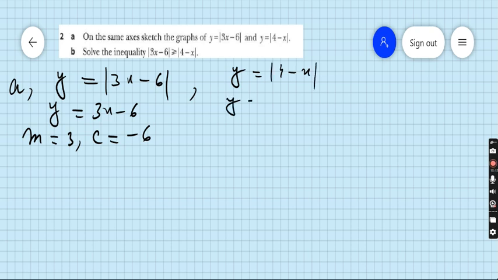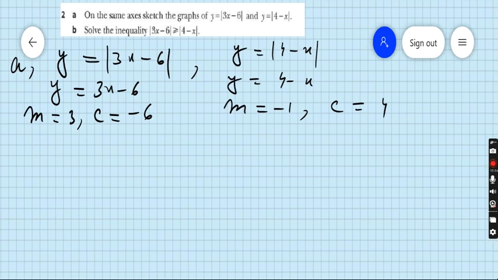Consider this as an equation. Here the slope or gradient is minus 1 and the y-intercept is 4. You know the graph of an absolute valued function is always a V-shaped graph. So first we have to find the slope, then we have to find the y-intercept. Now draw the straight lines, simple straight lines.